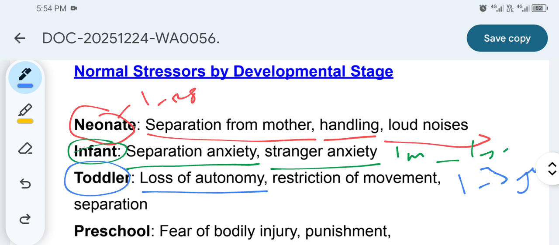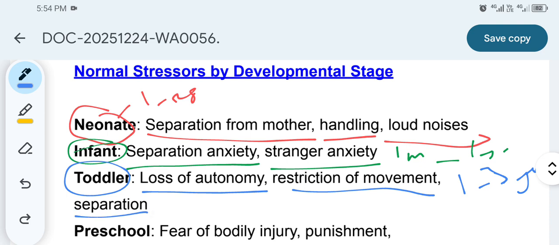Let's say they are playing with their toys and then you shout at them, stop playing here, or you take those from them, they feel like someone is controlling them. So they don't like it that way. They like it when they are governing themselves. They also have normal stressors of restriction of movement. They want to move. As well as separation, they also have.